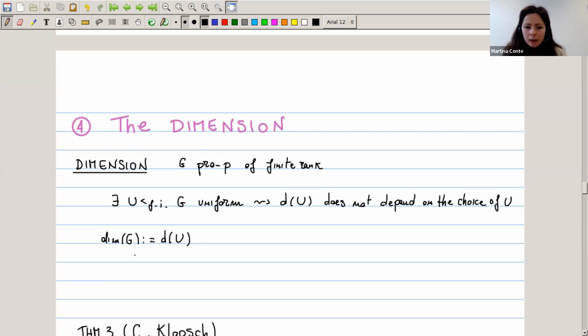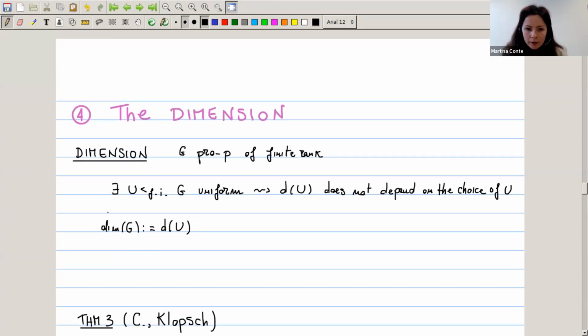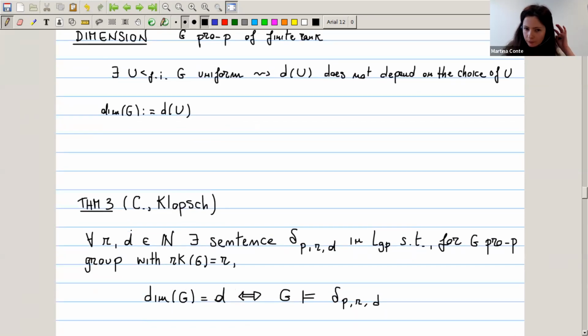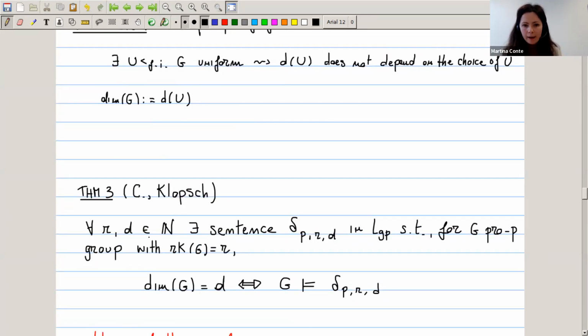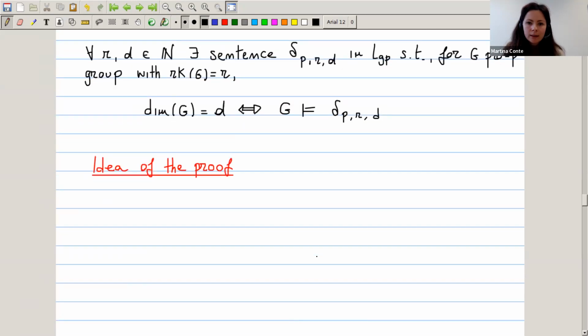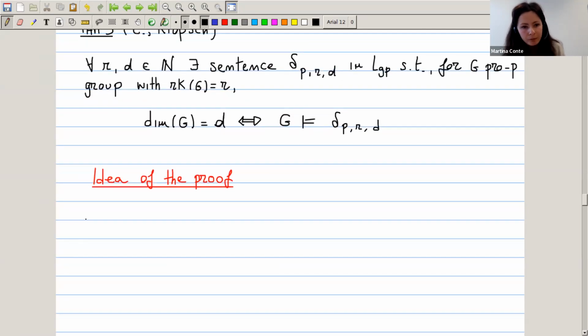So since we talked about the rank, it is natural now to wonder if this number is also definable, and it actually is. For every R and D, we have a sentence delta P, R, D in the language of groups, such that for a pro-P group G with rank R, the dimension of G is equal to D if and only if G satisfies the sentence delta P, R, D. Again, let me just give a vague idea of the proof.